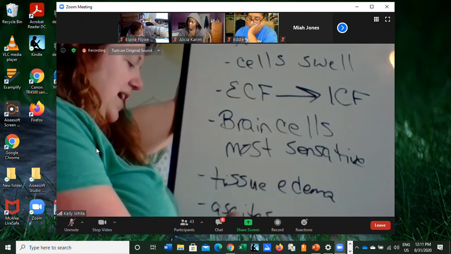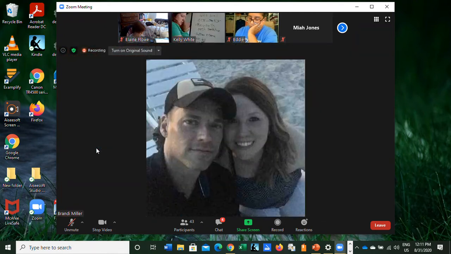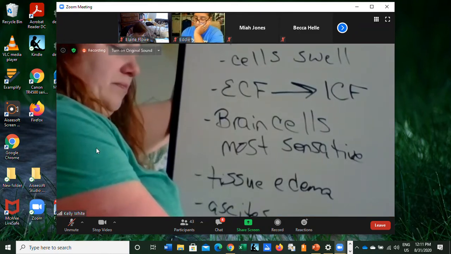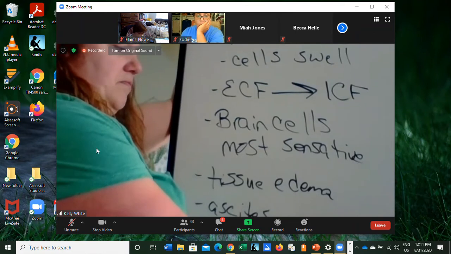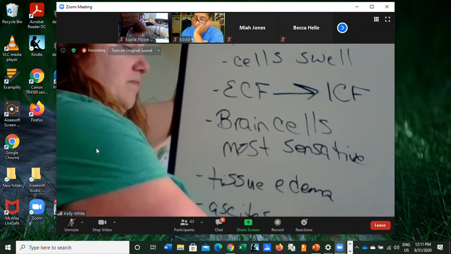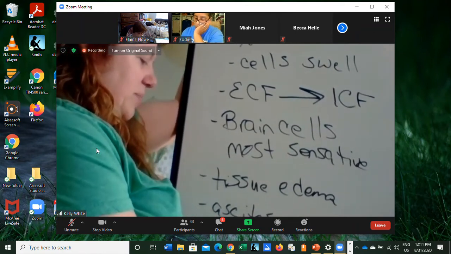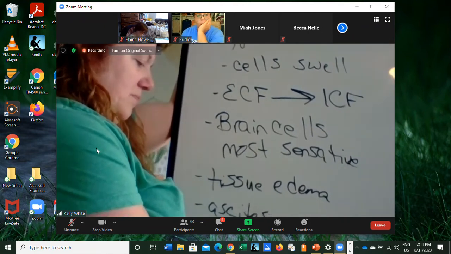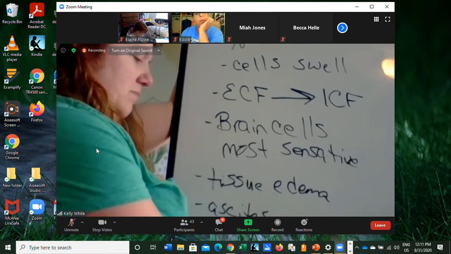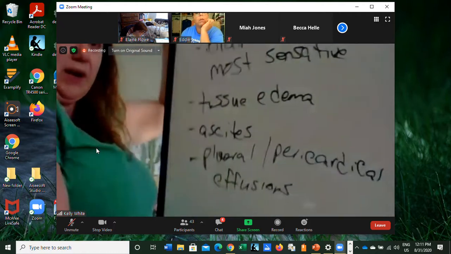Or you might have pleural or pericardial effusions. And those are little fluid pockets. Okay.